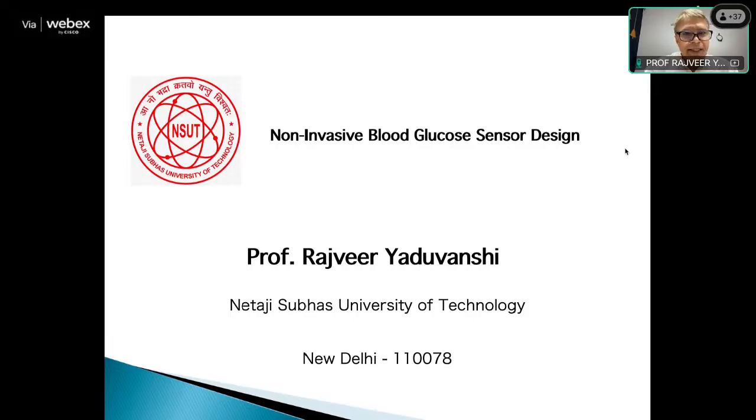In vitro techniques means they take a sample and based on permittivity, permeability and those combinations, they will determine how much is the glucose level in our body or in blood. The second method is in vivo. And this in vivo method is non-invasive, or by some mechanism, we get to know what is the blood glucose sugar level on a real-time basis.